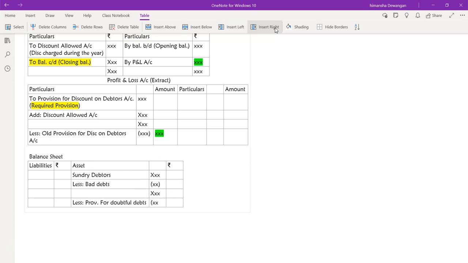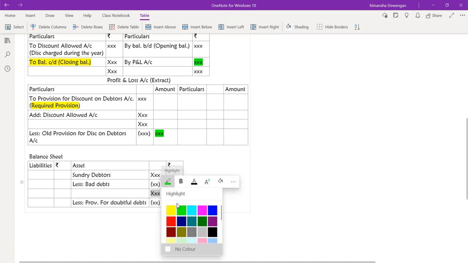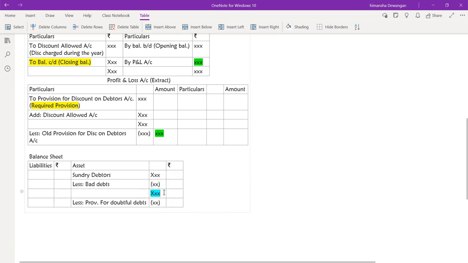All right, Richa. This is our good debts, means this is our net, sorry, this is our gross debtors for our current year. We are reducing provision for doubtful debts because we think out of this debtors we will have this amount of debtors which we will not receive. So we'll reduce that amount of doubtful debts.